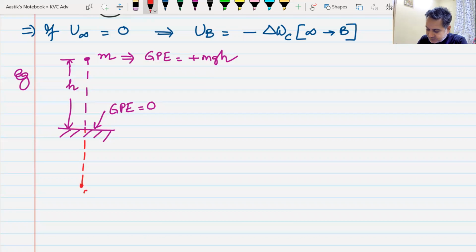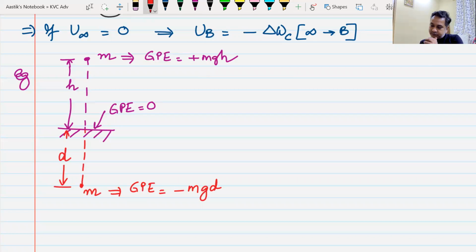If I have a mass below ground at a depth d, then I can call its gravitational potential energy minus mgd. Do we understand this? Yes, sir.